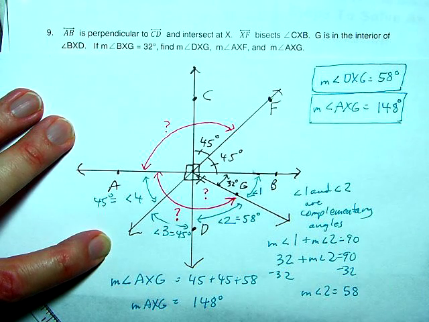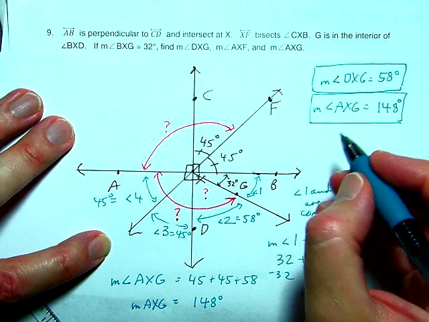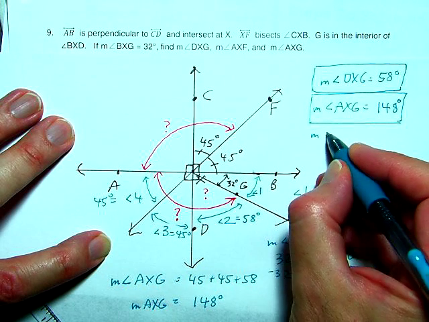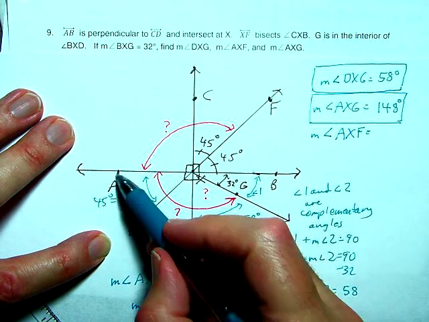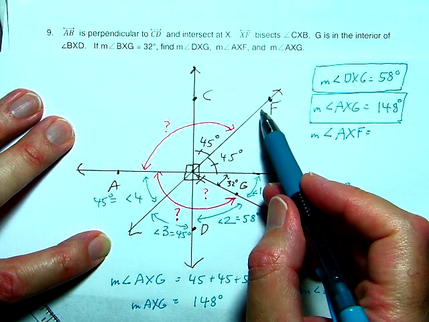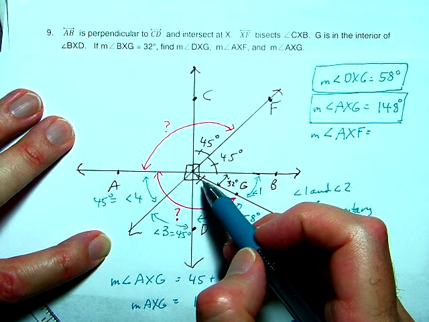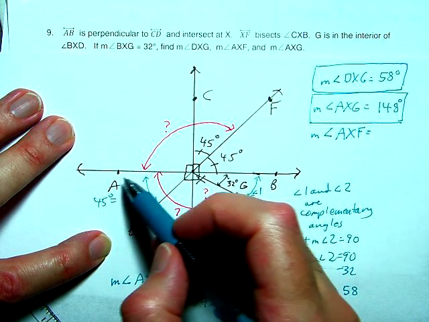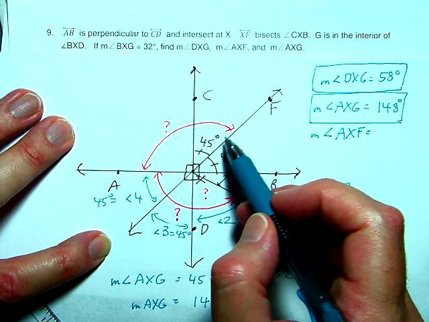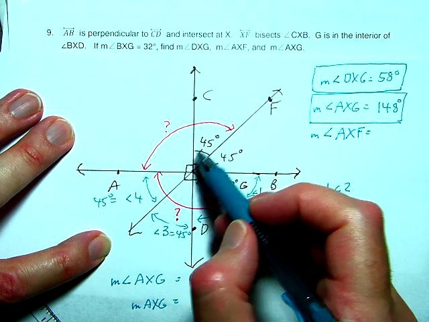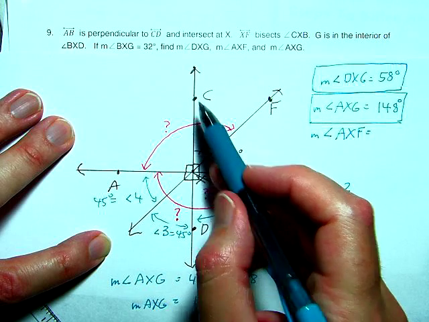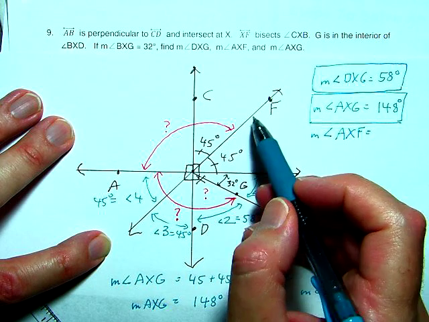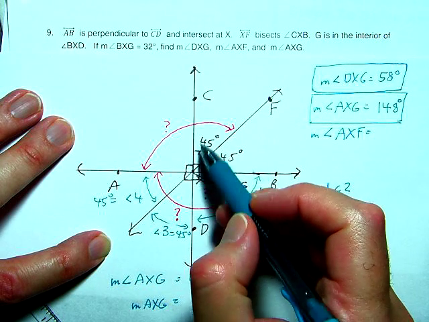And our final angle that we need to figure out is the measure of angle AXF. Well, that actually is pretty easy, right? You could have done that one without too much trouble even at the beginning. As it turns out, AXF is equal to this right angle, AXC, plus the 45-degree angle, FXC.